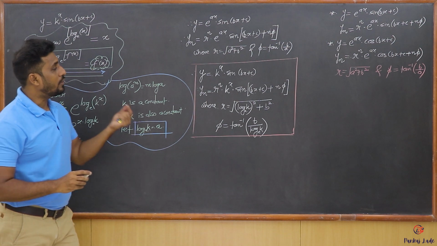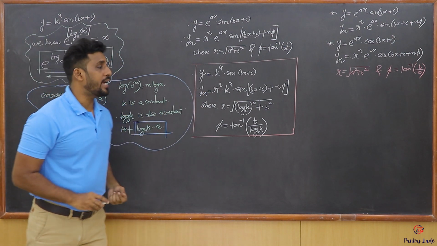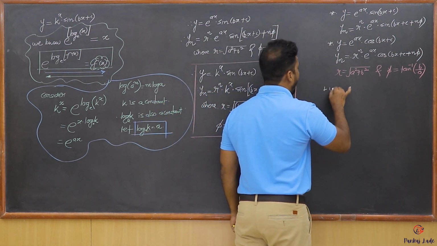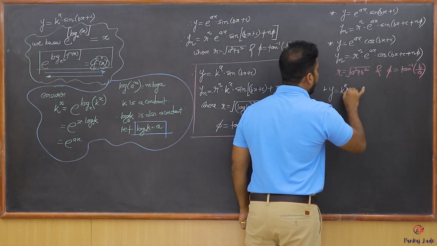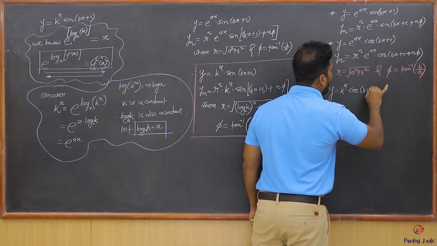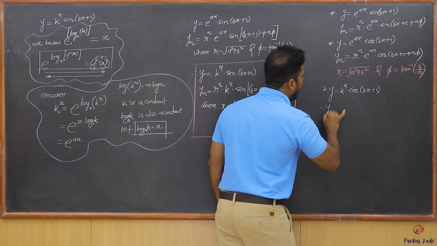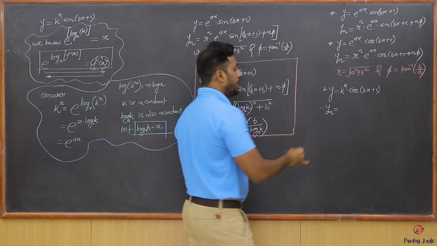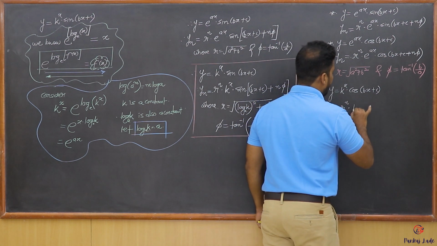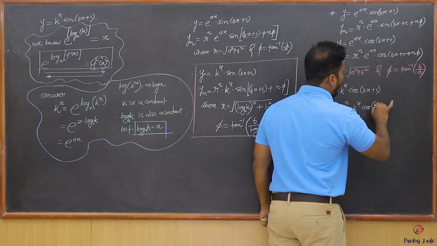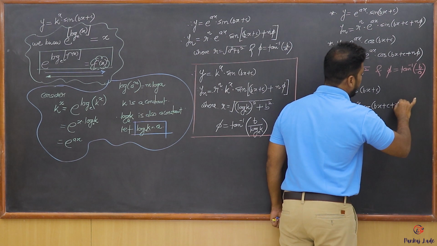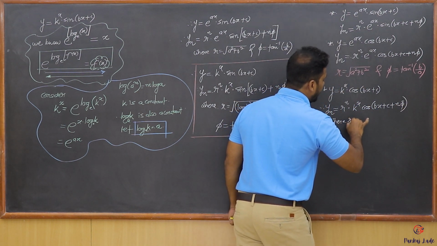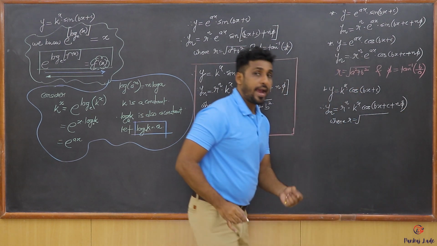Now students, once I've got the value for k raised to x into sine bx plus c, can you suggest for y is equal to k raised to x into cos of bx plus c, what is the yn going to be here? So yn is simply going to be r raised to n k raised to x cos of bx plus c plus n phi, where r is root of a square plus b square.